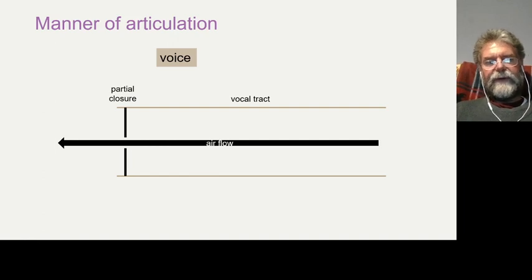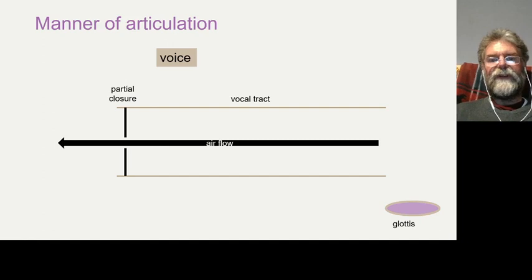Here we've got our picture of a fricative where air is being forced through a partial closure somewhere in the vocal tract. We also, as I've said before, have a piece of apparatus down inside your windpipe called the glottis. And the glottis, as I said, is responsible for doing all sorts of things, and one thing it does is vibrate and produce what we call voice.